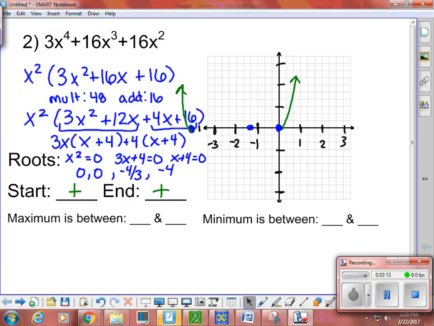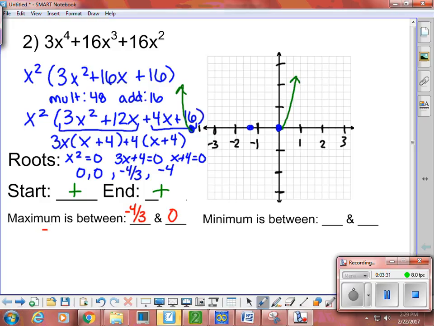But our maximum is going to be between negative 4/3 and 0. So again, that's something you can look on Desmos and see what that's going to be.